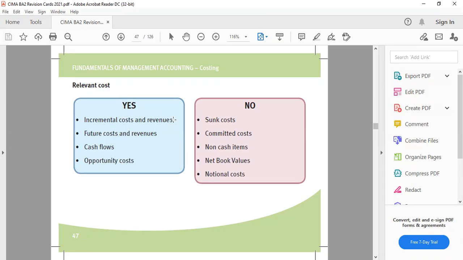Then sometimes there are certain commitments which are entered into, agreed upon, so those things also cannot be changed. For example, if they have entered into a lease agreement, as long as the lease period lasts, the cost of paying the lease amount also would be there. Now suddenly if the manager wants to alter that amount, is it possible?